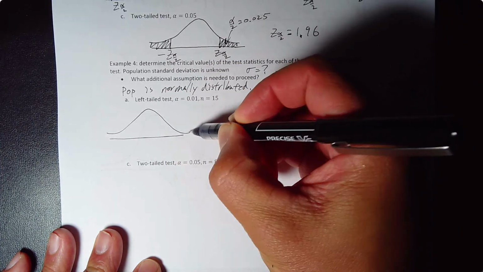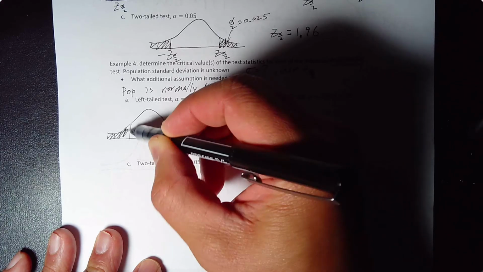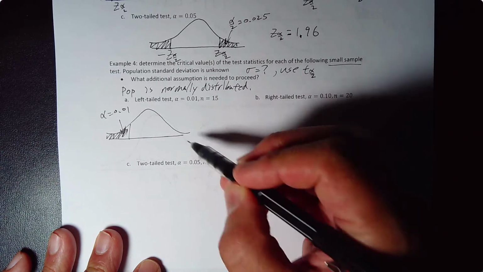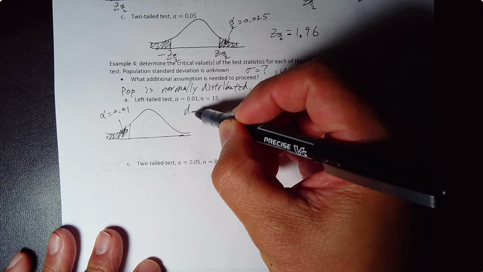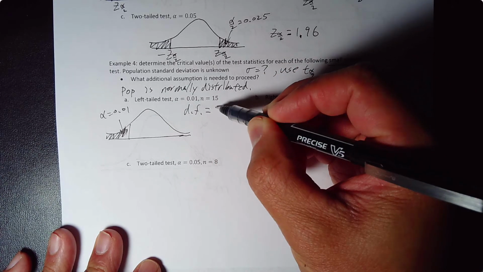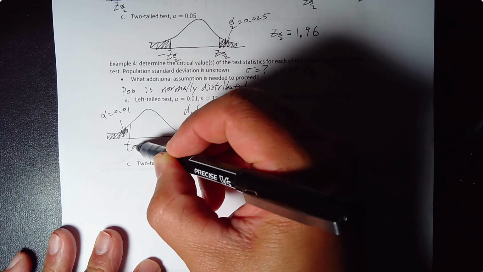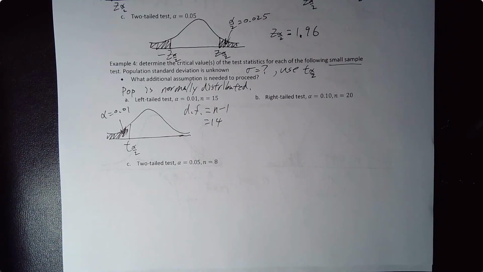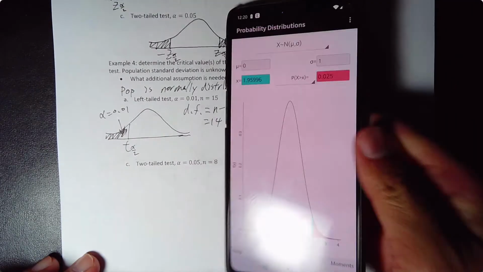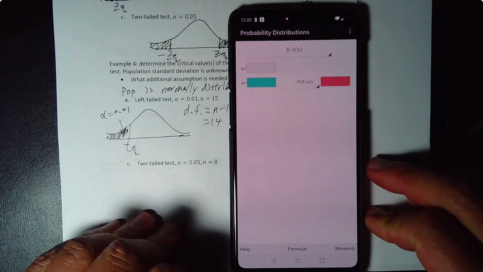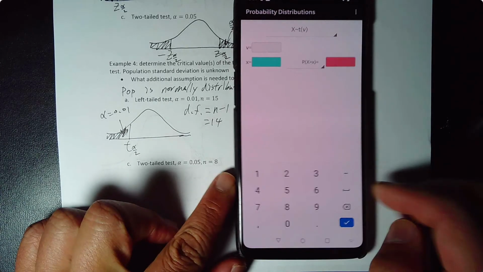Okay, same idea here. Nothing much to change, except that now I need to calculate my degrees of freedom. So my degrees of freedom here equals n minus 1, which equals 14. And that will be my t critical value. So I'm going to go into my app here. I'm going to switch over to the t distribution, and then put in my degrees of freedom there, 14.